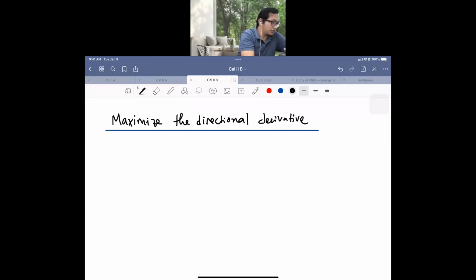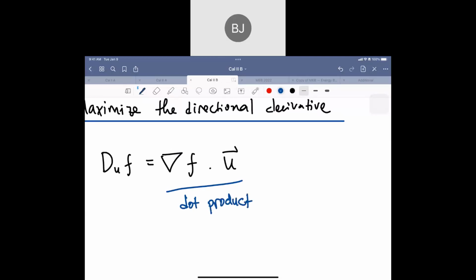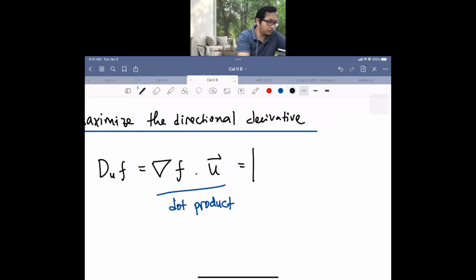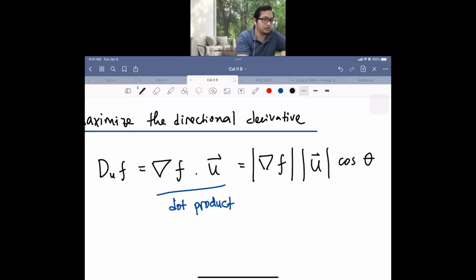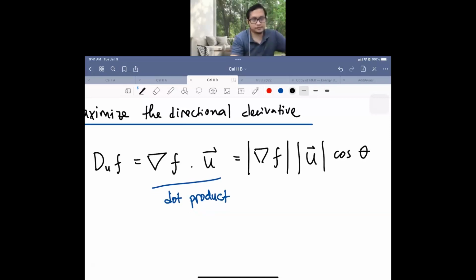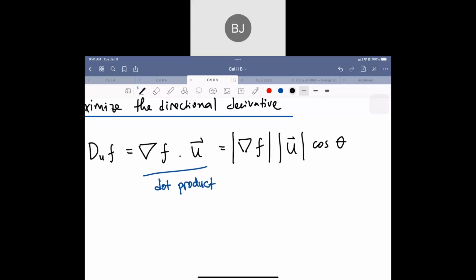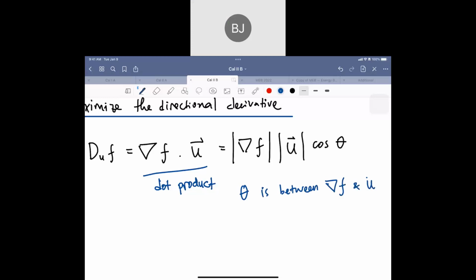So how do we maximize this directional derivative? First, we are looking at the general equation of the directional derivative. Now, if we look at this dot product, we can rewrite it with the property of the dot product, which has cosine theta, where the angle theta is between the gradient vector and vector u.